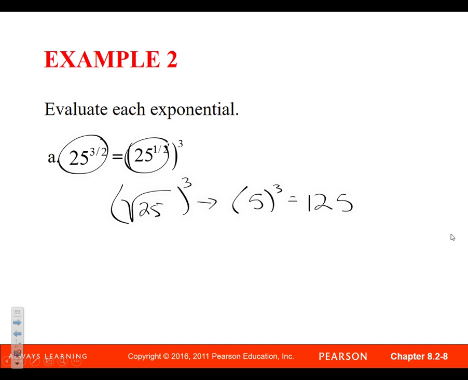It's going to be how you want to do it. Sometimes I prefer just to go straight to the power root and then go from there. But it really is going to depend on you how you want to attack it.